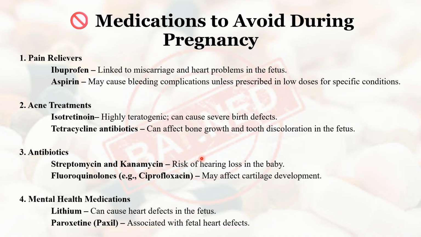Aspirin is prescribed in low amounts for patients with frequent miscarriage. But again, I am repeating that all these medicines are beneficial for a normal person. They are not going to be beneficial drugs for a pregnant woman. Please keep this in mind.